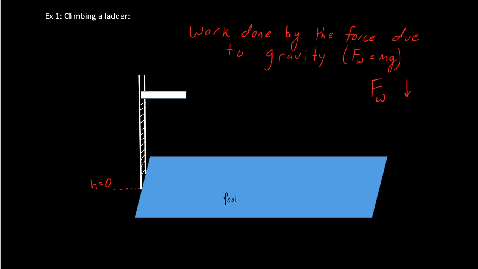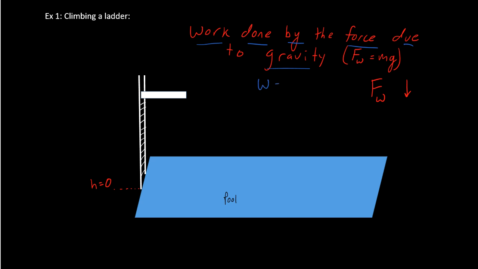So here we go. We're going to look at climbing a ladder. So here's example one. We're going to look at two quick examples, mostly based on diagrams. Climbing a ladder. And we are very specifically going to look at the work done by the force of gravity. That's the force of gravity right here. It says mg.